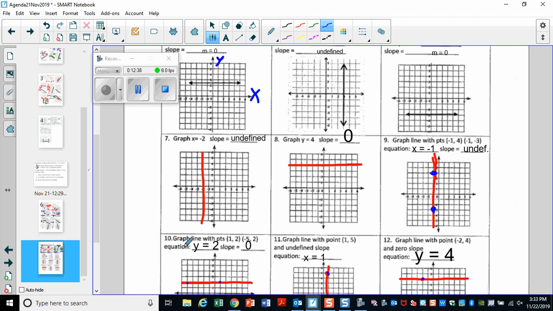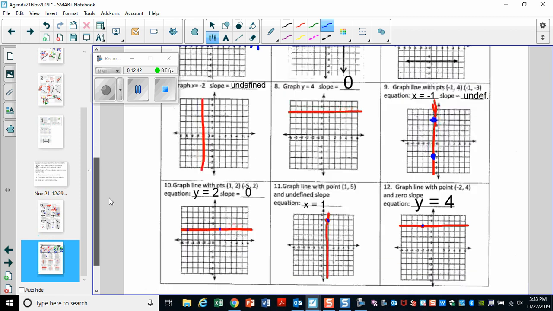So problems 9, 10, 11, 12, they gave us points, and for all of them, you're going to plot your point. And for 9 and 10, they gave us 2 points, which was real easy. That gave us the slope automatically, which for number 9 was undefined because you had a vertical line. Number 10, you had a slope of 0 because of a horizontal line.